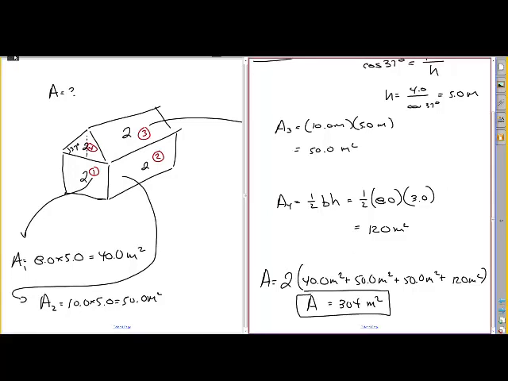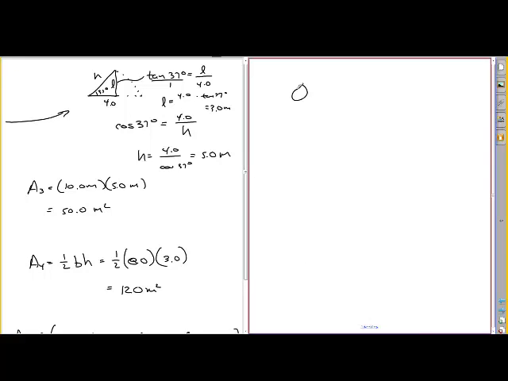And that's the area that we'll use in the calculation of the heat transfer. So we take the heat transfer rate, which is k A delta T over L. So we just have to plug them in here.